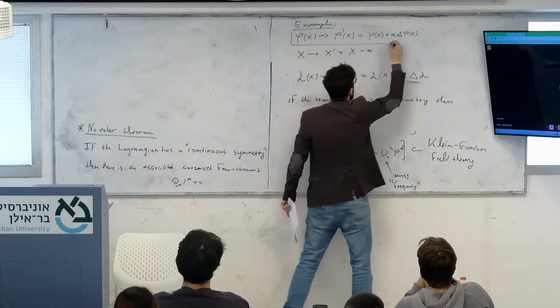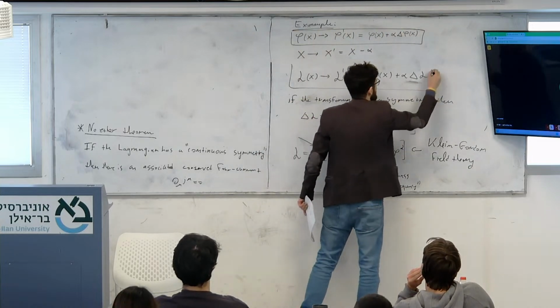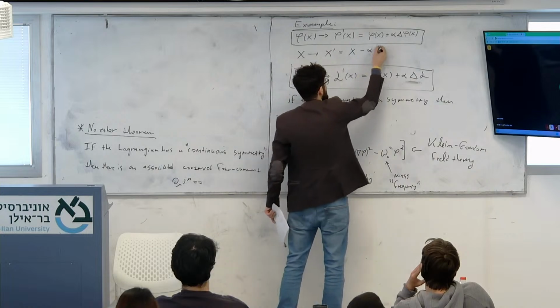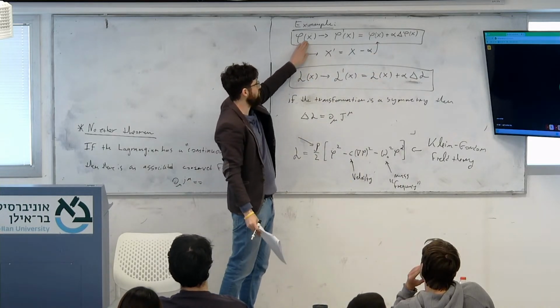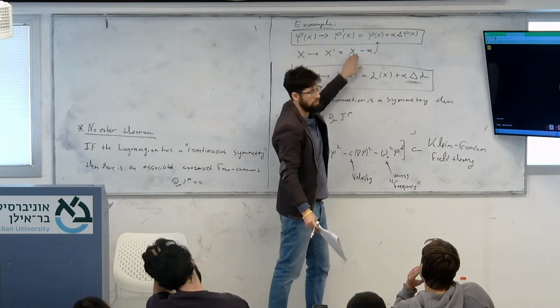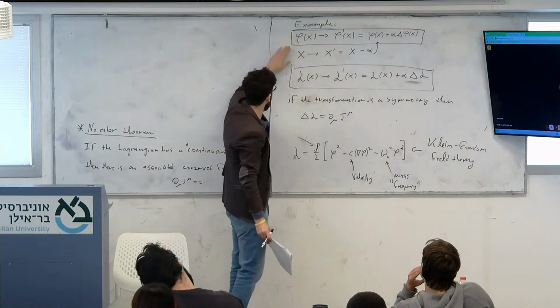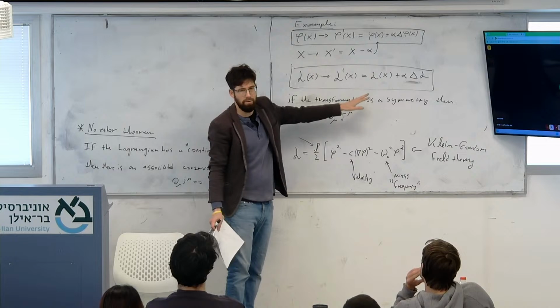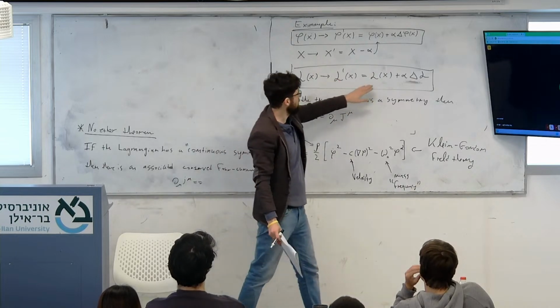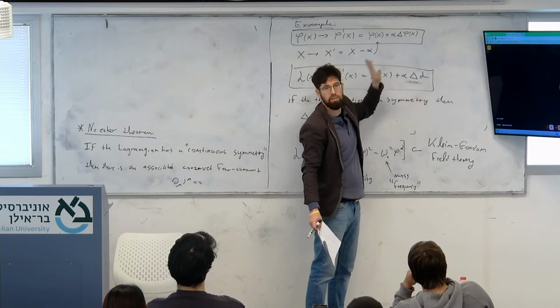Actually, the two important things are this and this, and in fact, if I do a coordinate transformation, I can infer what delta phi is due to the coordinate transformation. Okay, so now I recall that basically if you want to find the Noether current, you need to know this delta L and this delta phi. This is the challenge.